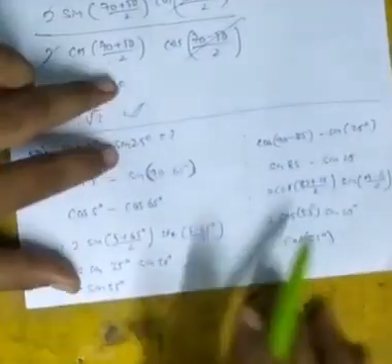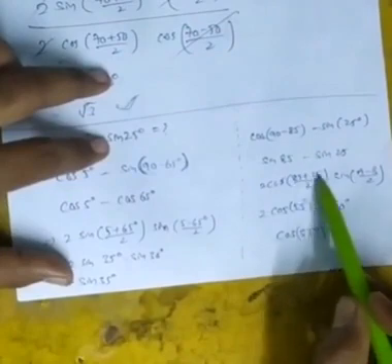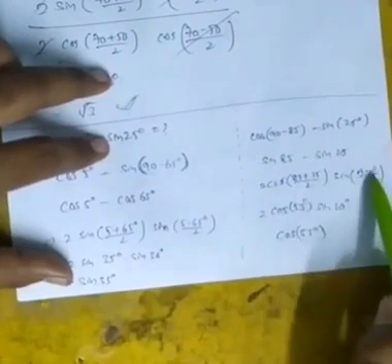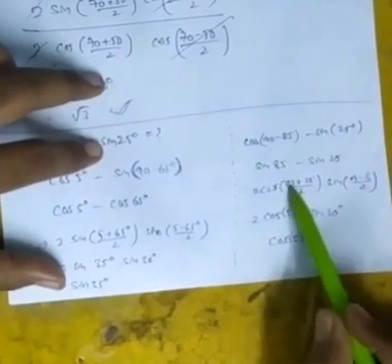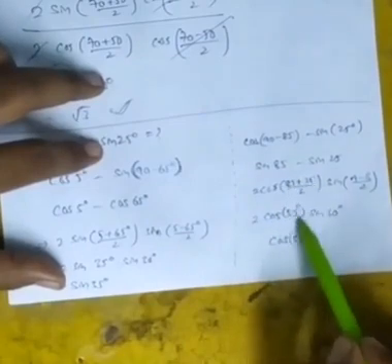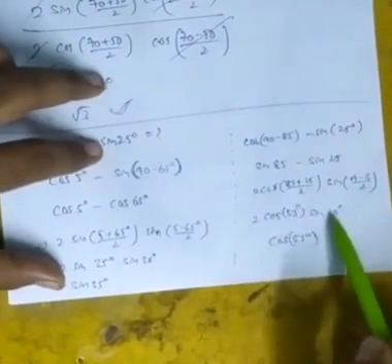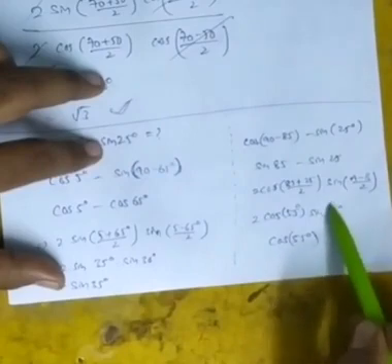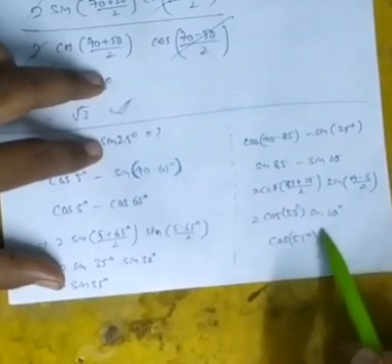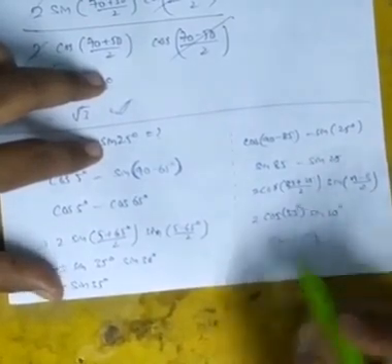Writing as it is in terms of the formula, 2 cos of a plus b by 2 sine of a minus b by 2, which is 2 cos of 85 plus 25 by 2, that will become 110 by 2, which is 55, and here it is 85 minus 25 by 2, that is 60 by 2, that is 30. So sine 30 is 1 by 2. Here 2 and 2 get cancelled. You will be left with cos 55.